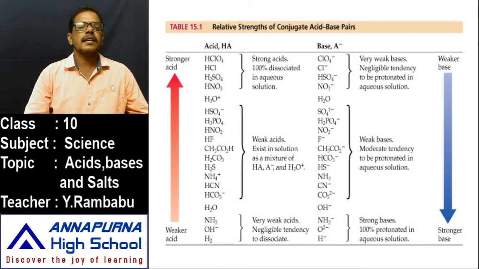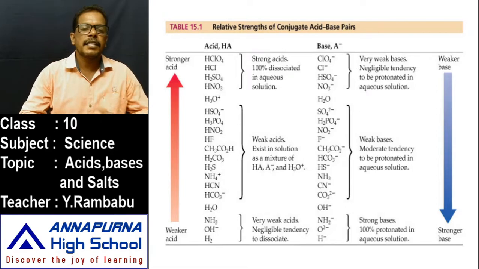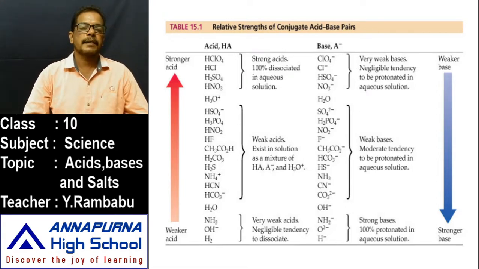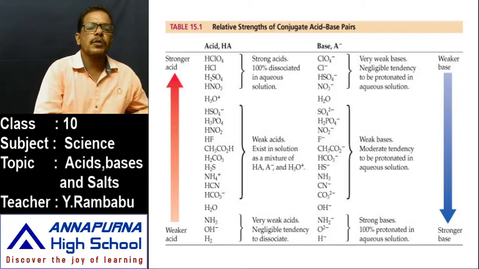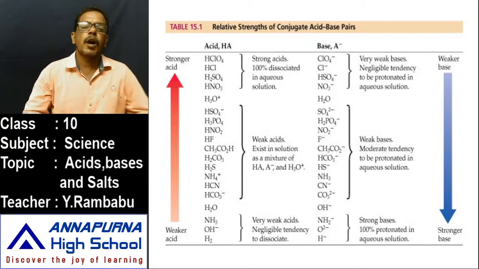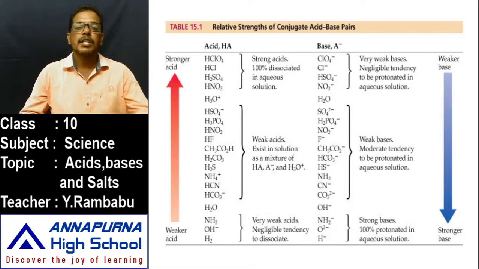In the case of HClO4, perchloric acid, hydrochloric acid, sulfuric acid and nitric acid, all these are ionized up to 100%. That means the dissociation in aqueous form is 100%, so all the molecules are ionized. That's why these are strong acids.